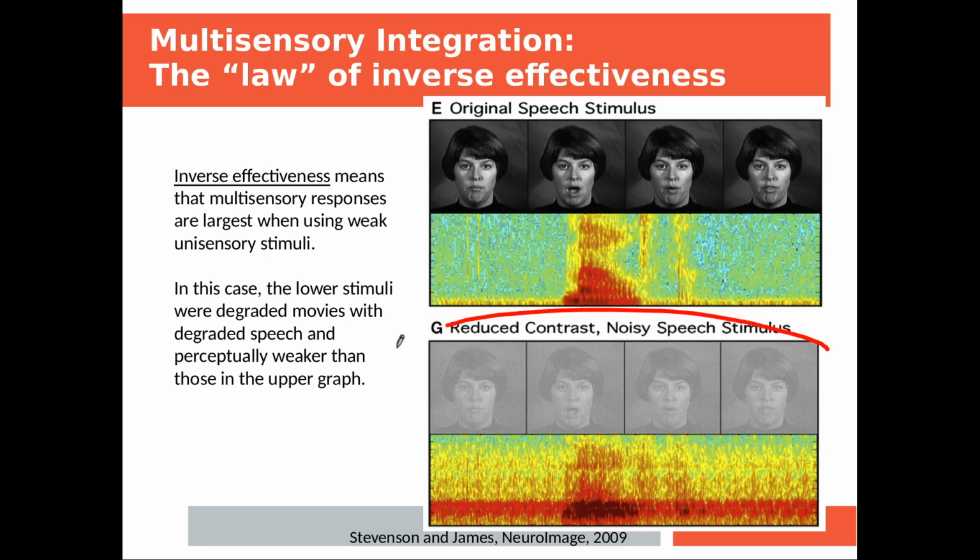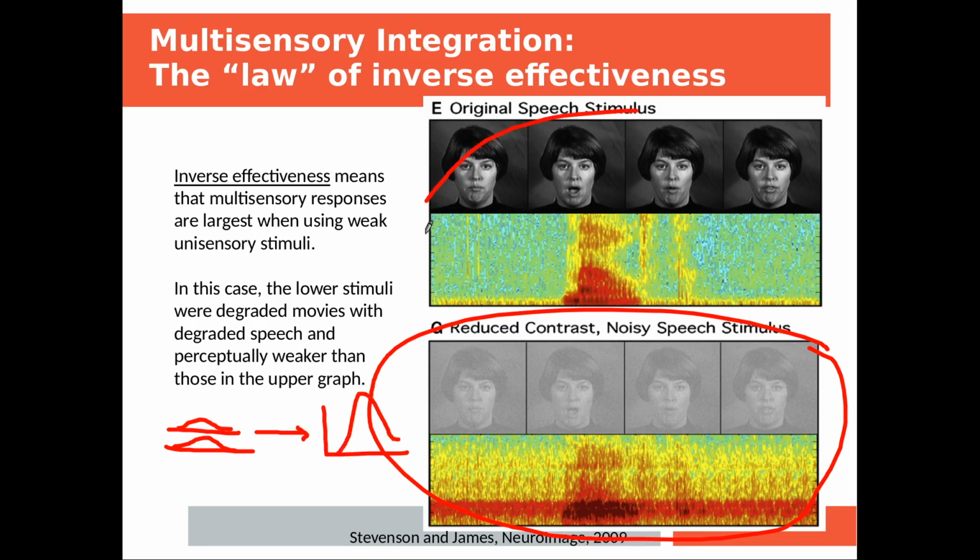So basically, in this situation, you'll get a relatively higher increase from the unisensory responses than you would in this situation, where it won't increase much higher from the unisensory responses, right?